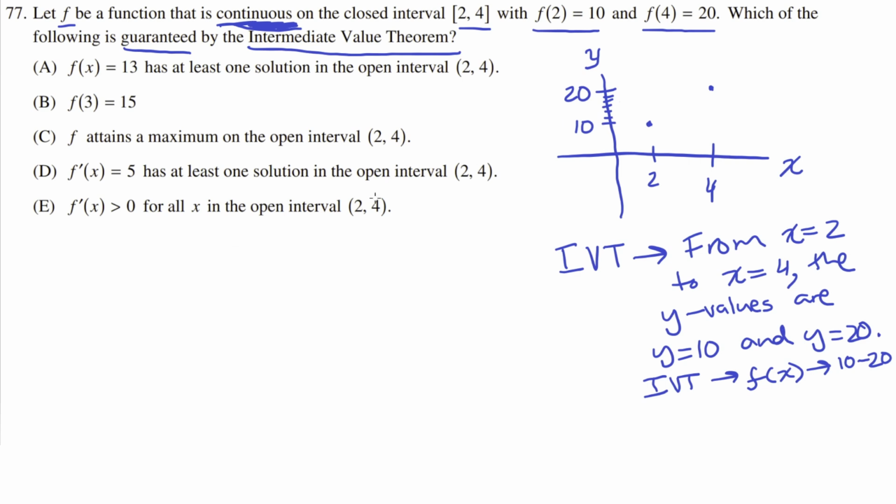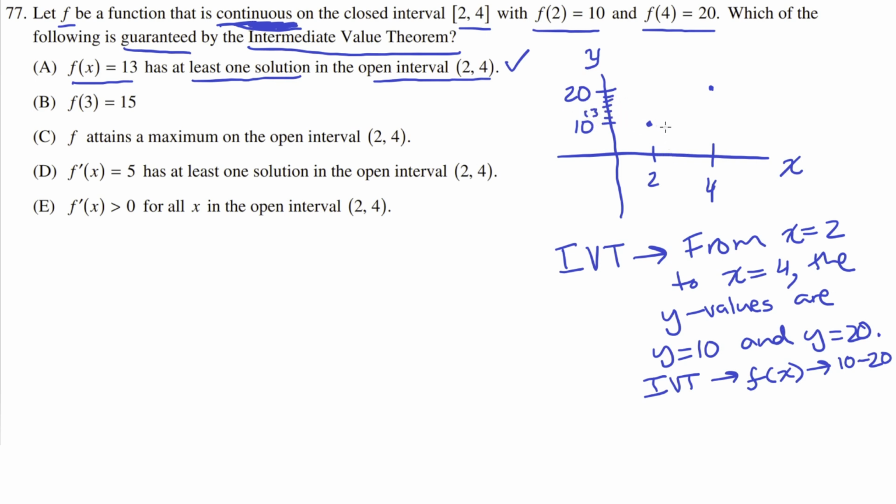So let's go through these answer choices and see which one of these confirms this. A says f(x) = 13 has at least one solution in the open interval (2, 4). This is true because f(x) = 13, so that's saying a y value of 13, has a solution in the interval from 2 to 4, meaning there is some x value somewhere in this interval that has a y value of 13.